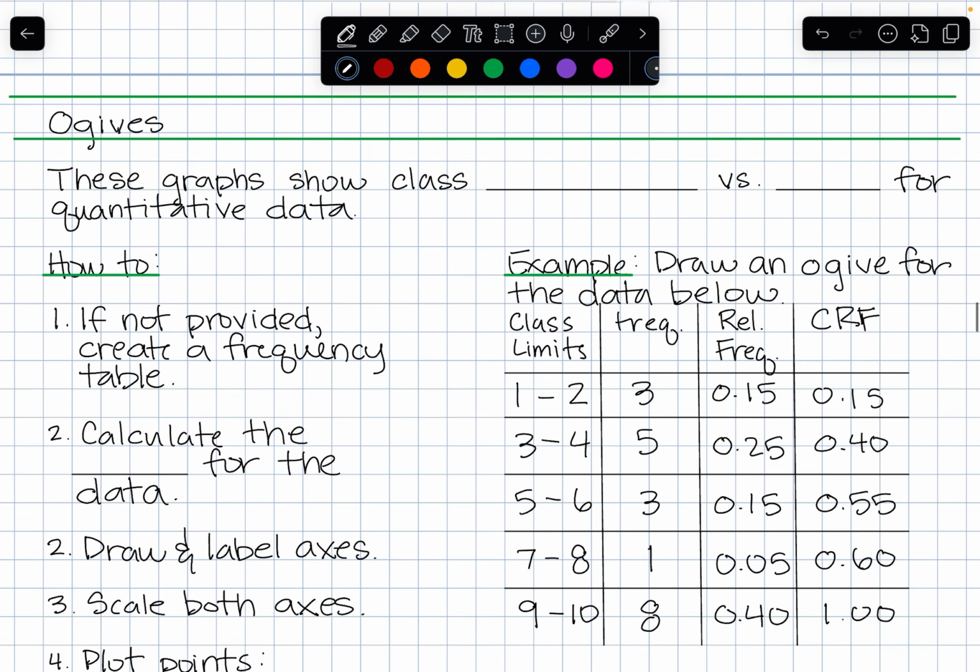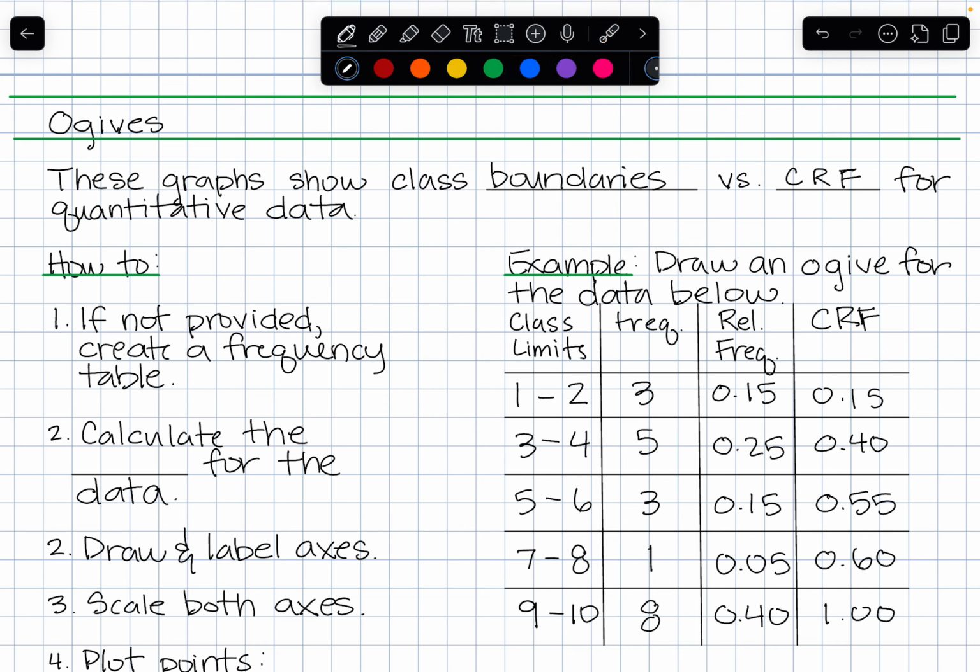These graphs are going to show us the class boundaries, which we saw plotted in our histograms, versus the cumulative relative frequency for quantitative data. Meaning, instead of looking at class limits or class boundaries and frequency, now I'm looking at class limits and a running total of the percentage or relative frequency.